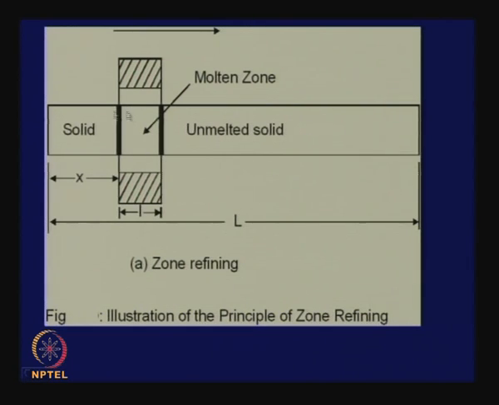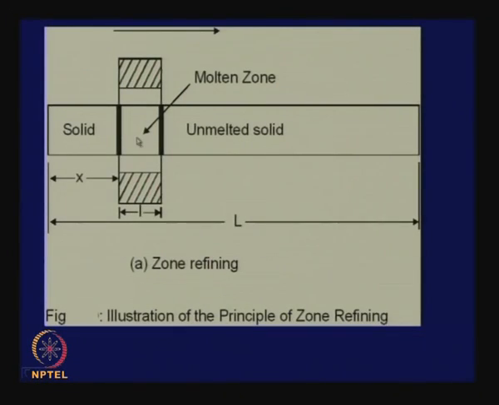Inside the furnace there is a heating chamber, placed horizontally, and the furnace moves along the length axis, or it can be the other way: the furnace is fixed, but the metal rod goes through the furnace. And suppose in this furnace we melt a very small zone. We have to melt a small zone, otherwise the zone will fall off.